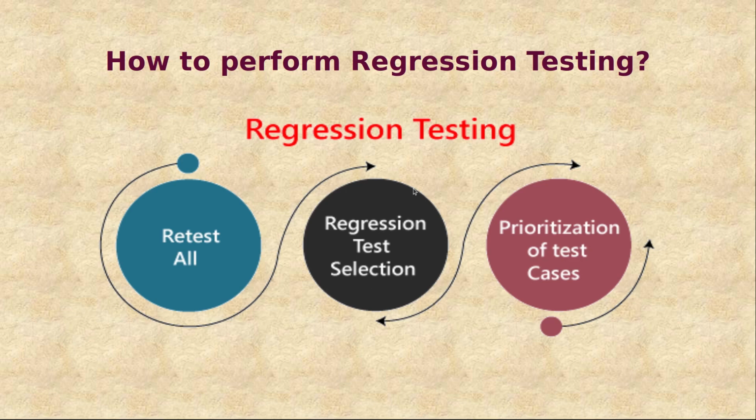Second, regression test selection. Here we take prioritized test cases. Since many test cases are available, we take the top priority tests first, and after that we test the low priority test cases.